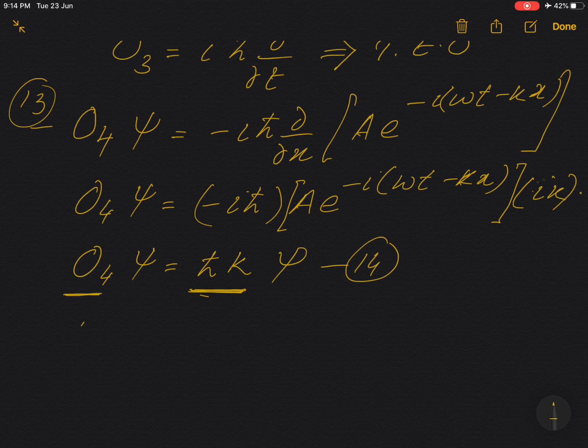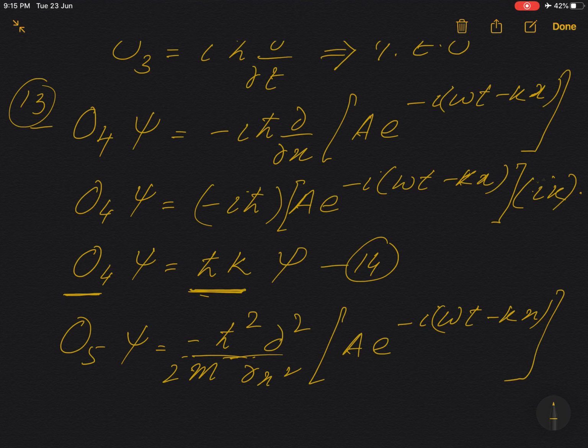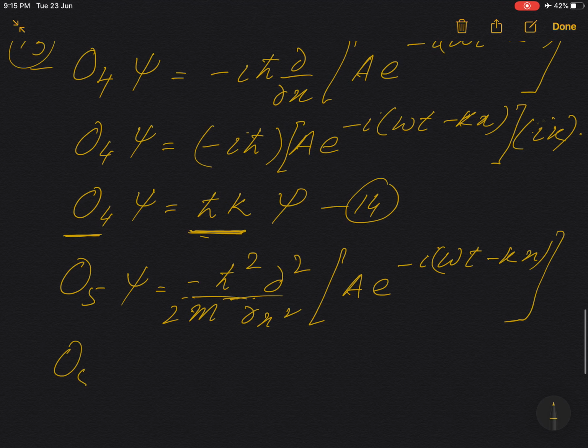Let's move ahead with the next operator, O5 psi, which is nothing but minus ħ squared upon twice m, del square upon del x square, on psi, which means A e raised to i(ωt minus kx). Now let us see what it comes out to be.